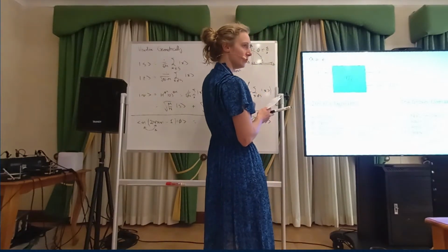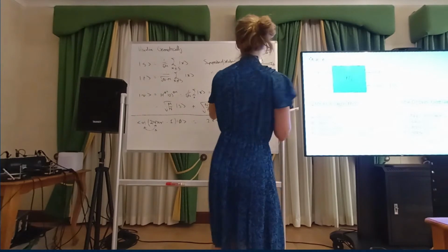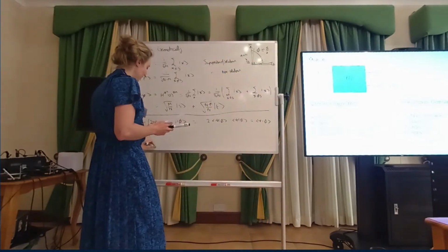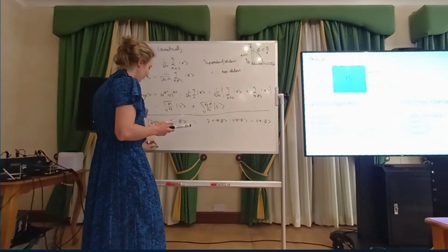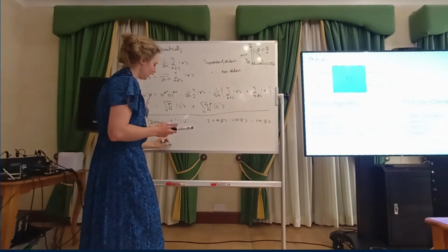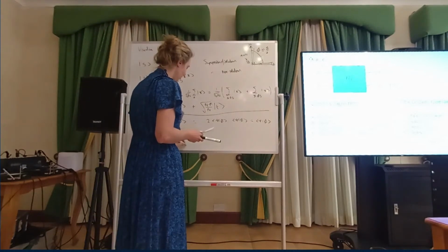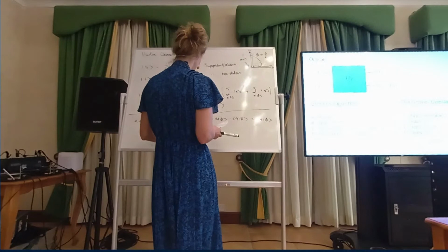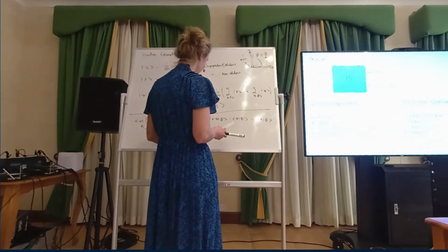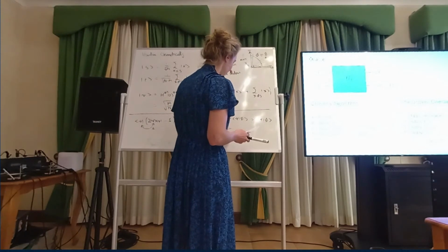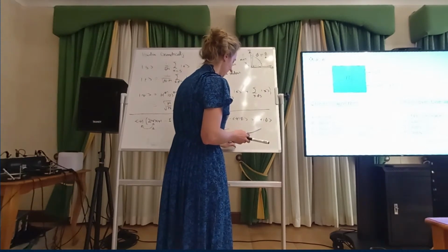So your final state, I'm going to call it phi final, is at worst something like cos theta over 2 s plus sine theta over 2 t.